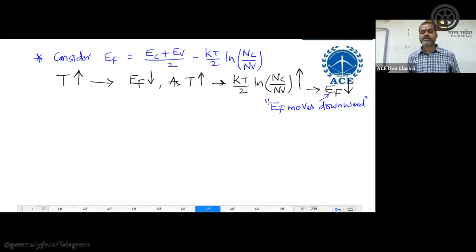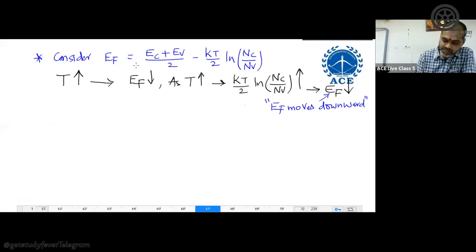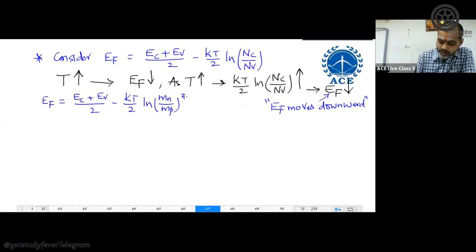Now please concentrate. There is a question from my side; I am asking the doubt instead of you. What are the NC, NV we have given here? They involve mn and mp, and they are not the same. If you consider that equation again, EF is equal to (EC plus EV) by 2 minus kT by 2 ln of (mn by mp) whole power 3 by 2.